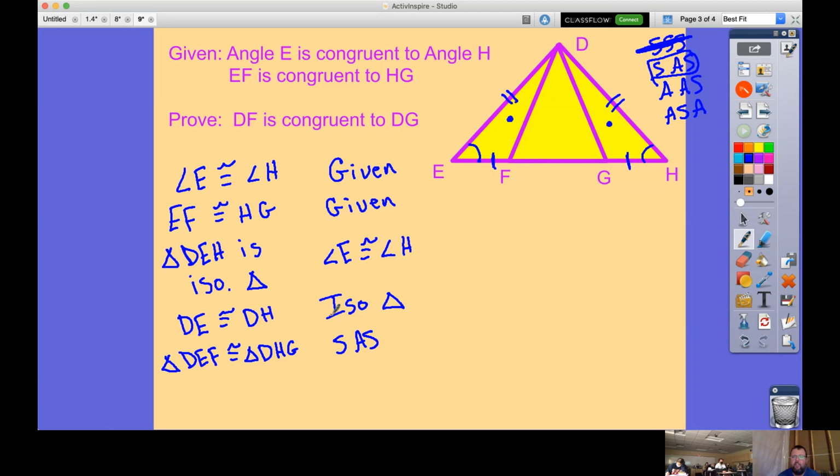And then what's our last step? F is congruent to DG based on what? CPCTC. Yep, CPCTC.